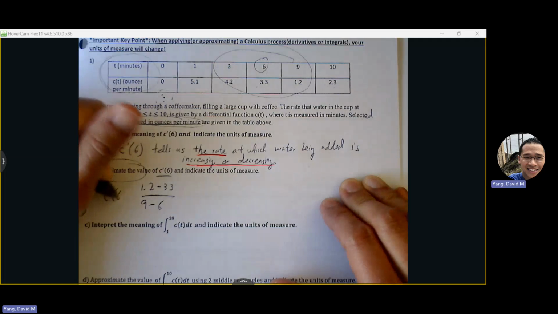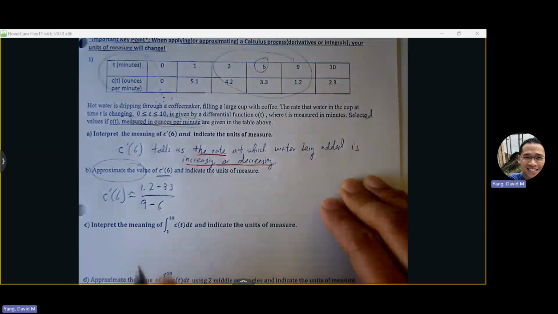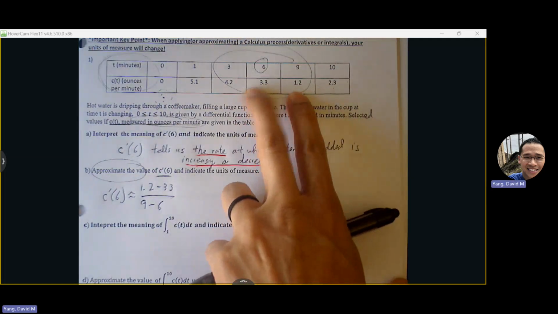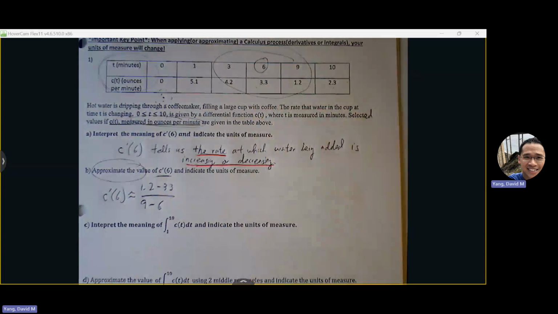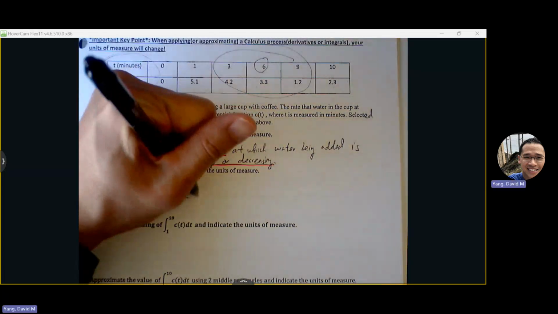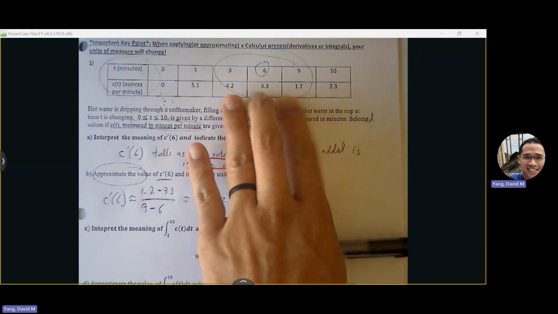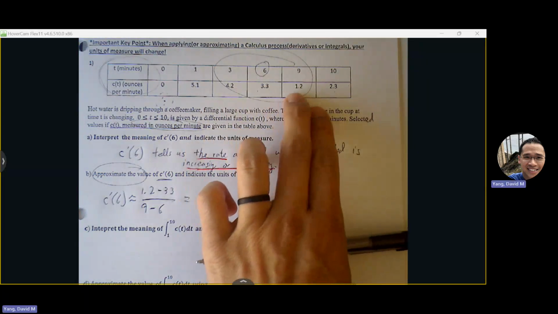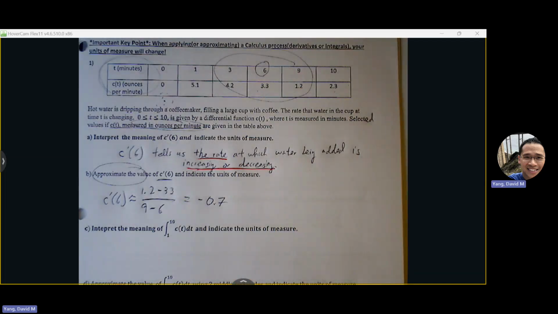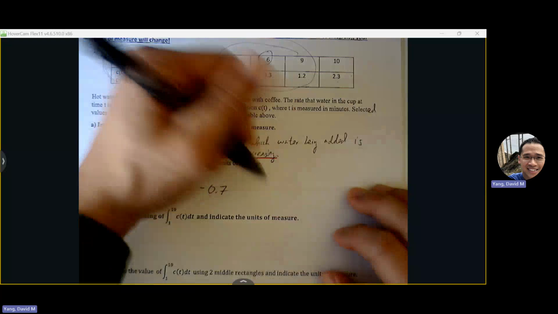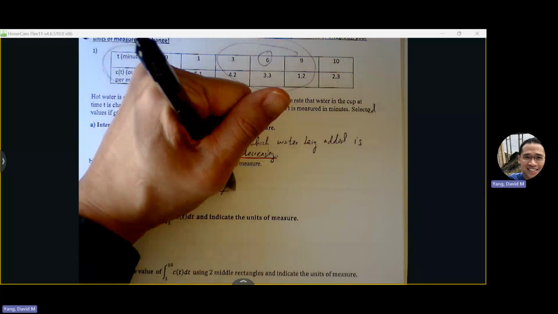So C prime of 6 is approximately the rate of change from this 3.3 to 1.2. And just like what we suspected, our rate is decreasing, right? Water is still coming out, but it's kind of slowing down to a drip. And then our units of measure, now we can say ounces per minute squared.